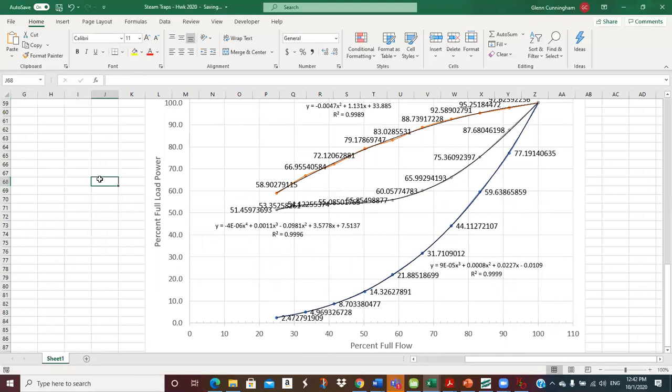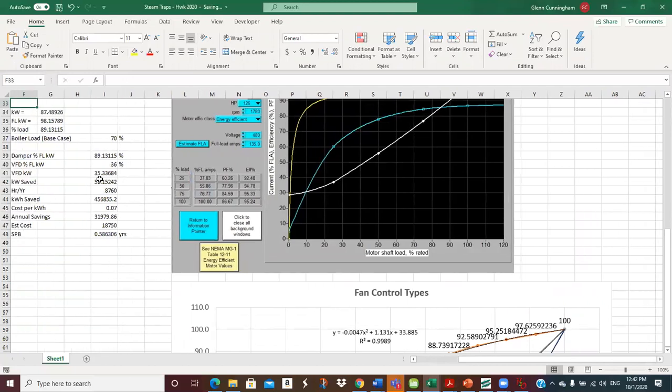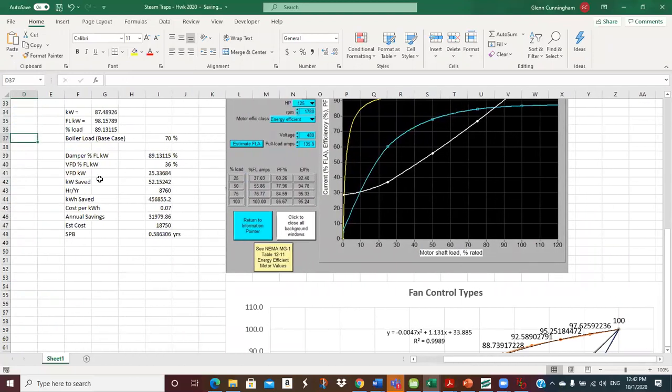Now let me see if I can remember what my rationale was for the numbers that I pulled. Okay, so I went to the Measure tool, and I looked at the boiler load, and I just went to kind of the basic after we tuned it to 5%.